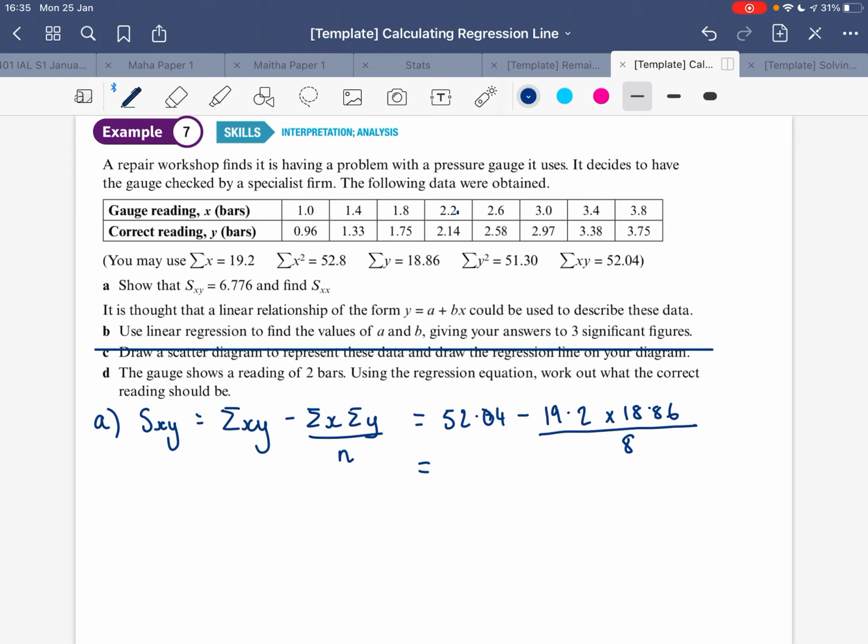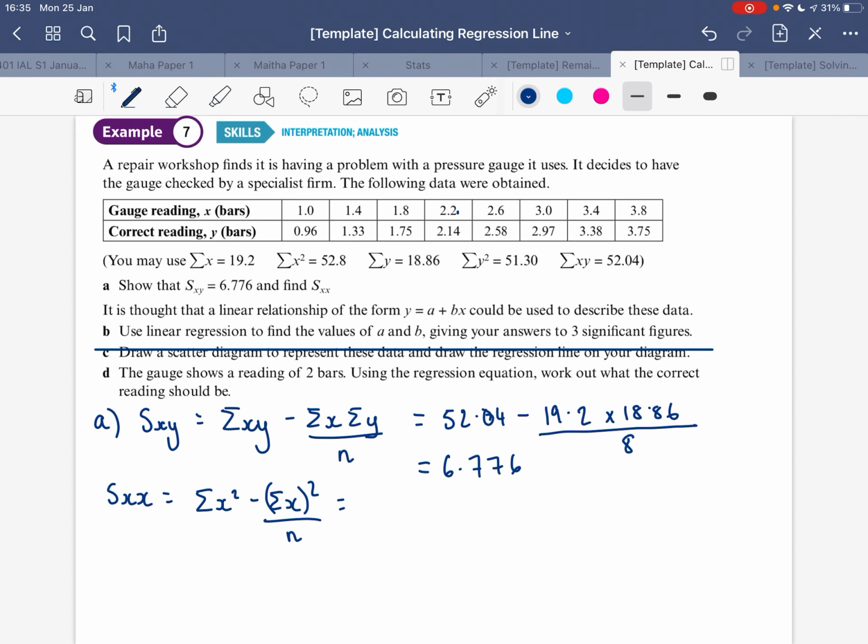52.04 minus 19.2 times 18.86. Divide that by 8. Gives you SXY is 6.776. SXX is the sum of x squared minus the sum of x all squared over n.